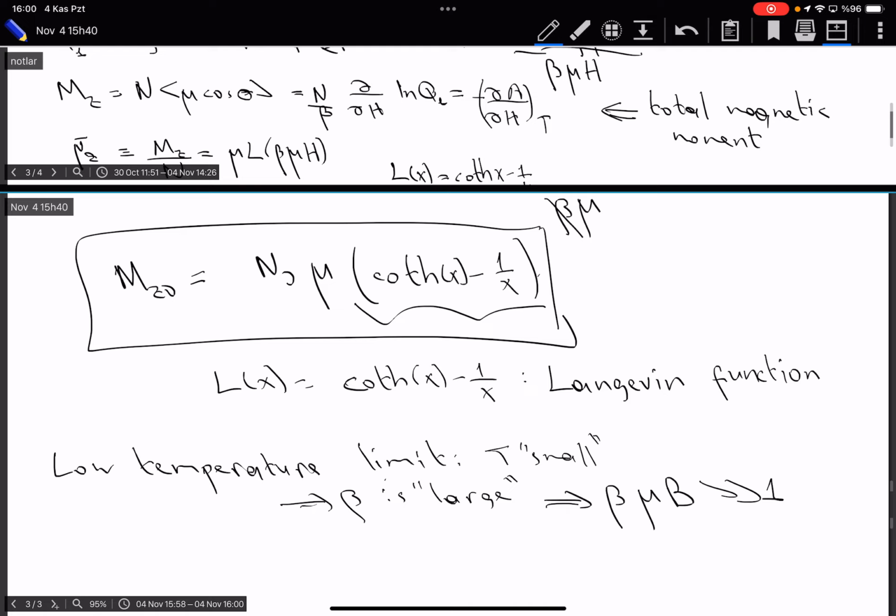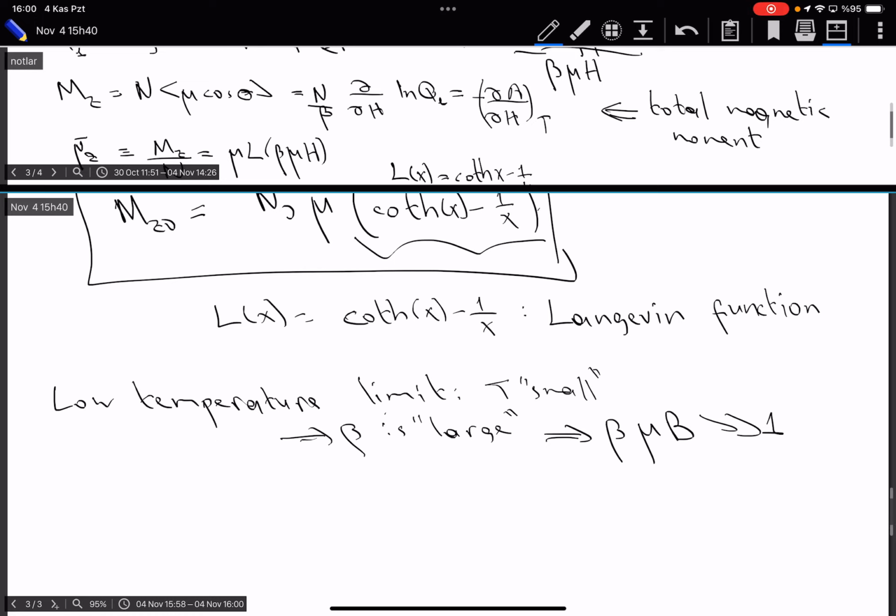But you see, this condition can be satisfied when the temperature is small, but it can also be satisfied when B is large. Just like in the case of the harmonic oscillator, on one hand you have h bar omega, which is the characteristic energy of the oscillator, and on the other hand the characteristic energy corresponding to the temperature.